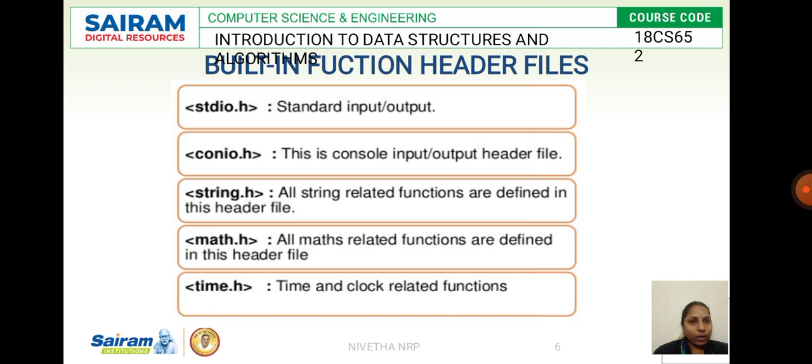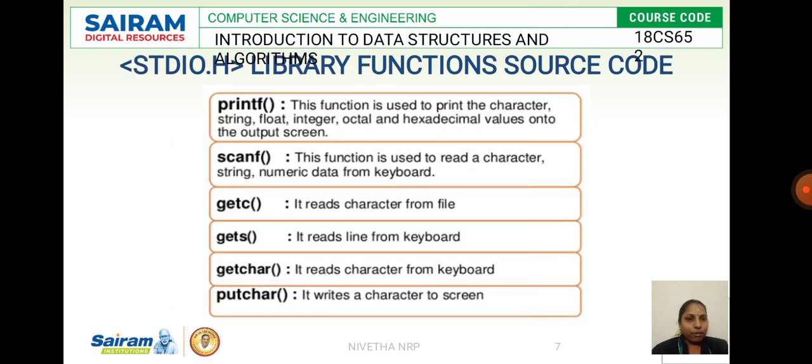Then we have string.h, which relates to all the string functions defined in the header file, and math.h, which specifies all the mathematical functions related to your application, and time.h, which links the clock and date settings of your system with the application.